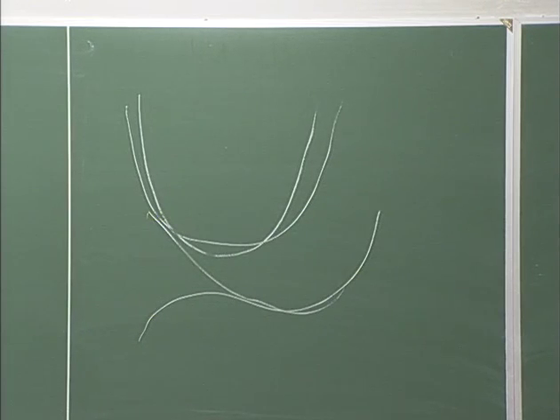Could you fit a polynomial through a negative definite surface? Yeah, but the problem there is if it becomes negative, your optimum will jump around.